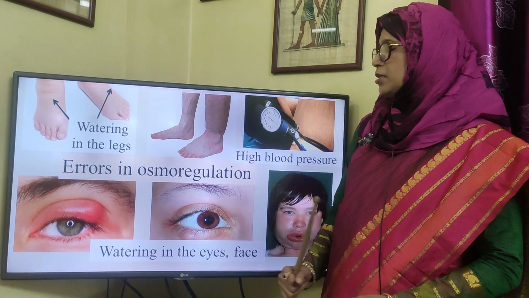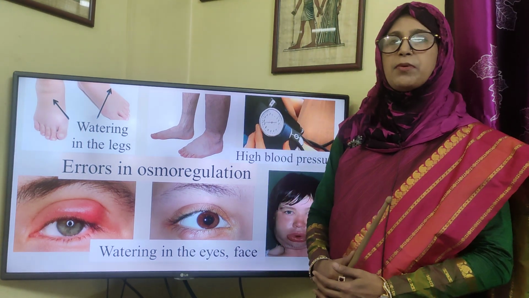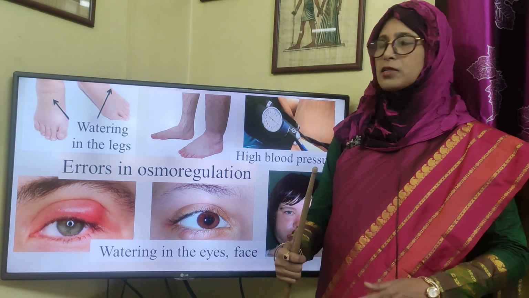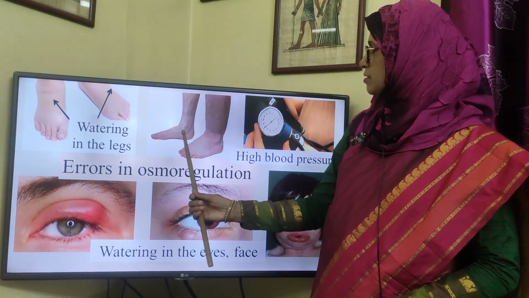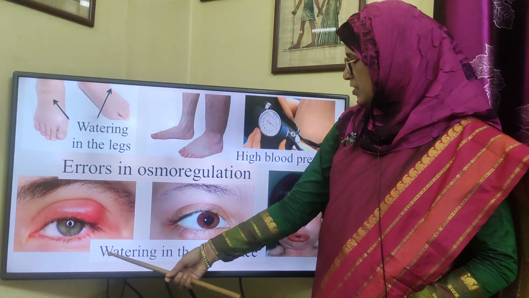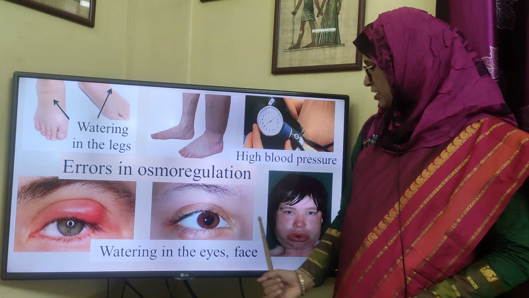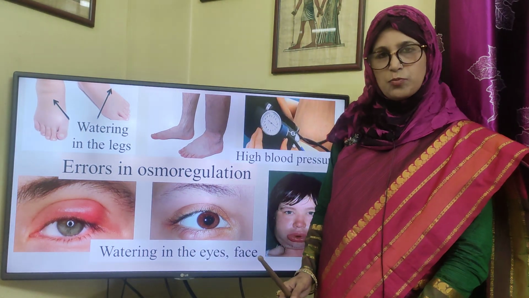Now the errors in osmoregulation, that means imbalance. If the osmoregulation process is imbalanced, then some problems will happen. Swelling in the legs, high blood pressure increasing, swelling in the eyes and face, the whole body. These are the errors of osmoregulation.